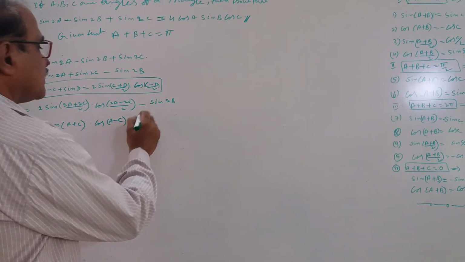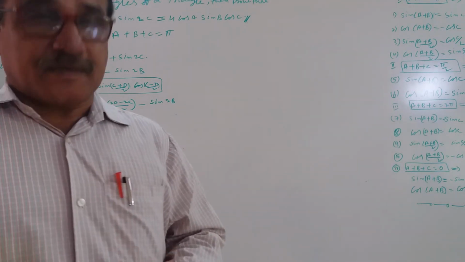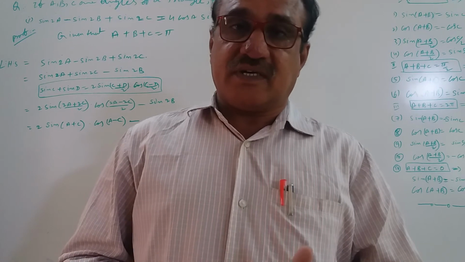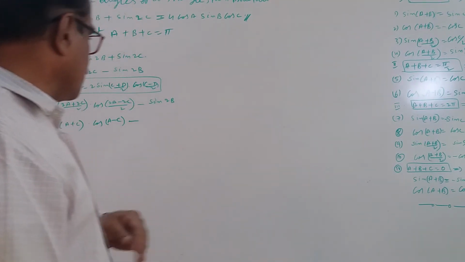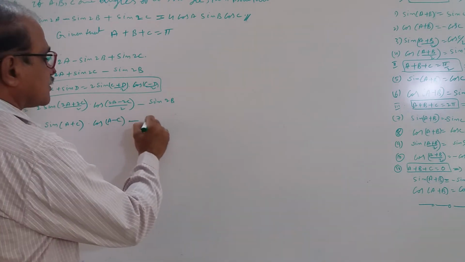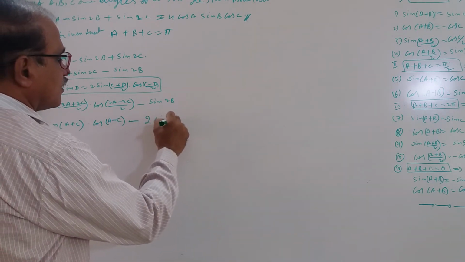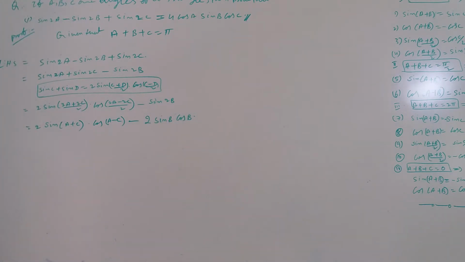Here sin 2B is nothing but 2 sin B cos B, by using the sin 2A formula, sin 2A is 2 sin A cos A.